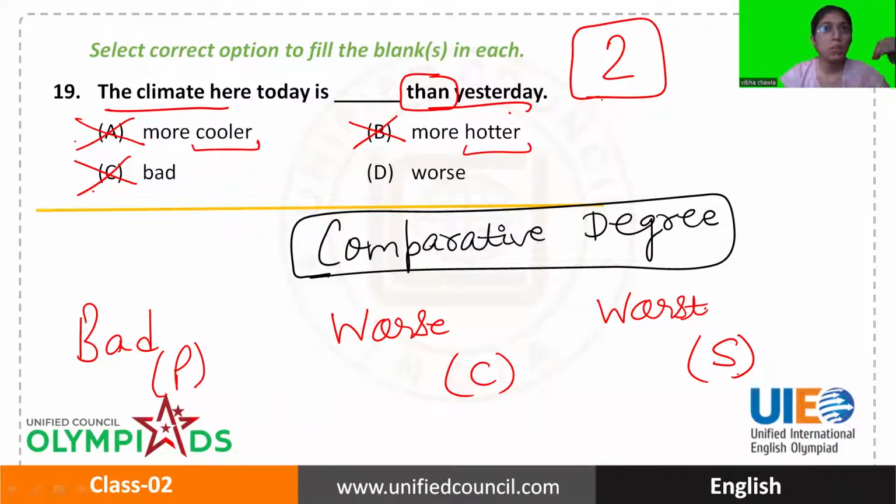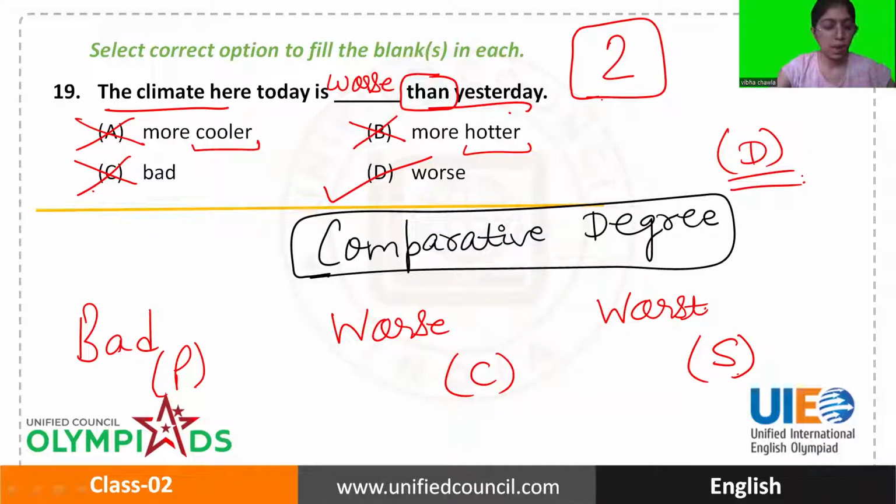We cannot say more cooler or most coolest. A big no. We can't say more hotter or most hottest. It's only cooler, coolest, hotter, hottest. So never use two comparatives or two superlatives together. Correct answer, comparative degree, worse. The climate here today is worse than yesterday. It is option D.